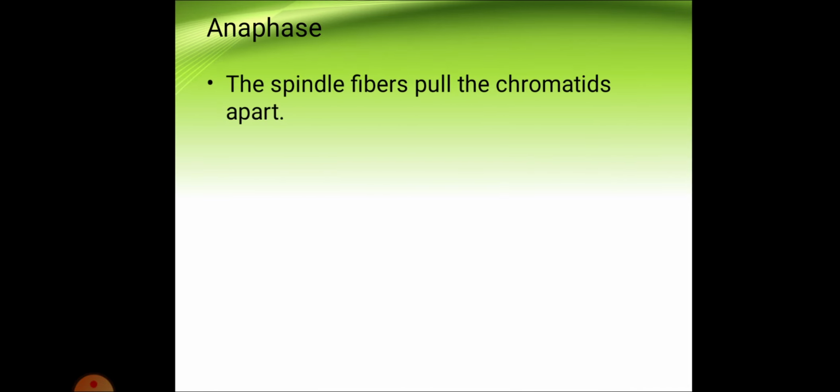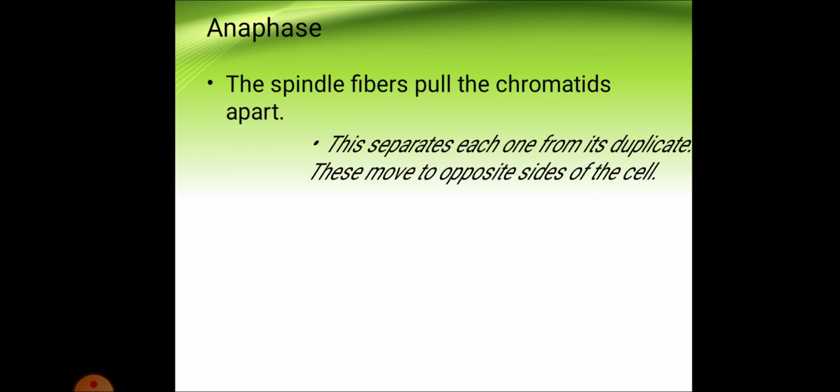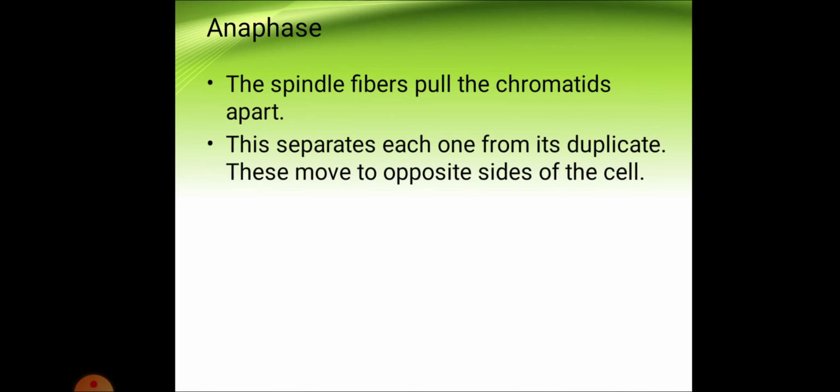So, going sa ating next is the anaphase, in which the spindle fibers pull the chromatids apart. Dyan na po mag-start yung paghihiwalay. This separates each one from its duplicate. These move to opposite sides of the cell.